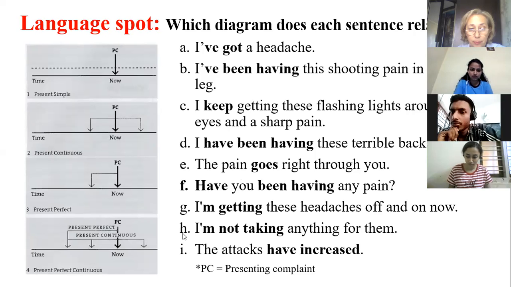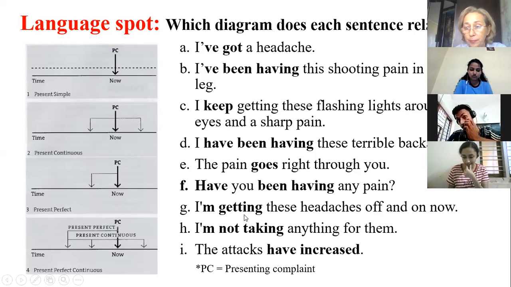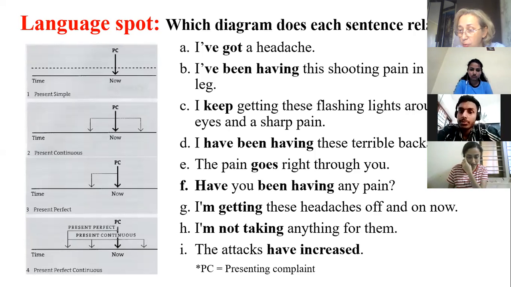So it is present perfect, ma'am. I'm getting, this is ing. It's not present perfect. Present continuous. Present continuous, right?